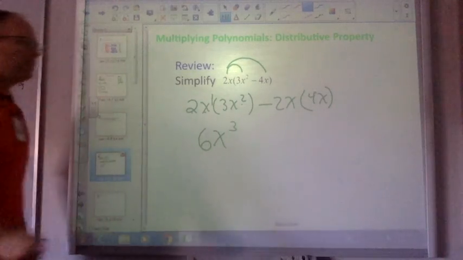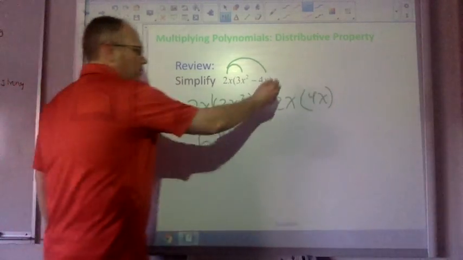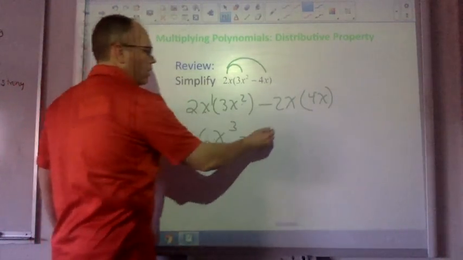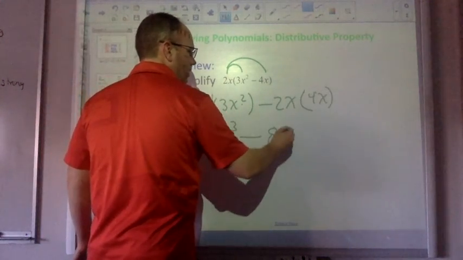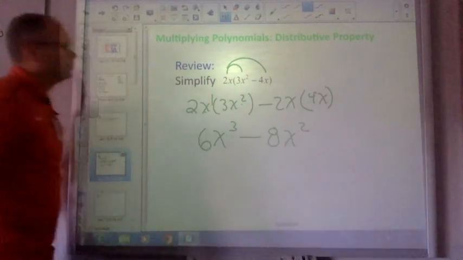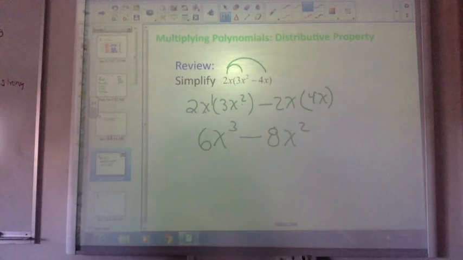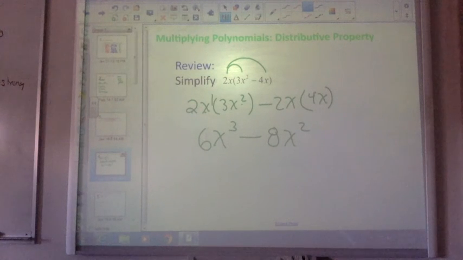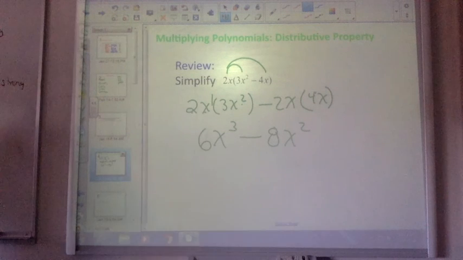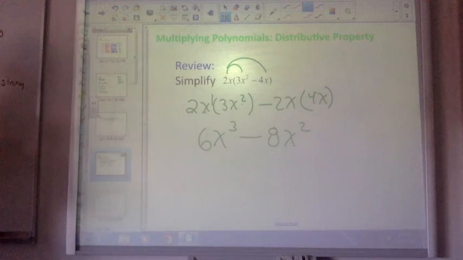Remember last chapter? And then this one's going to be minus, and then 2 times 4 is 8. x times x is x squared. So the distributive property is used often. Is that all right? Can I move on?